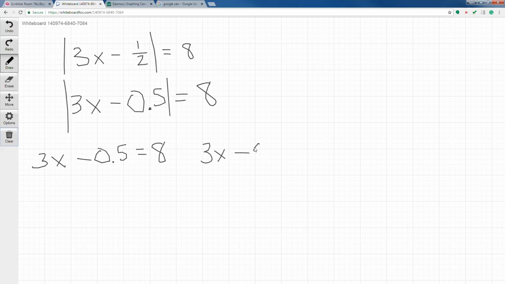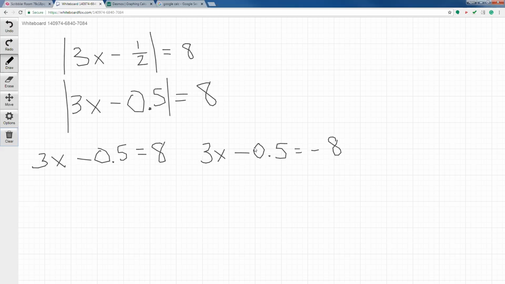What's our second option? What should I put it equal to for our second? -8. Yeah, you are exactly correct. -8 is also 8 spaces away from 0.